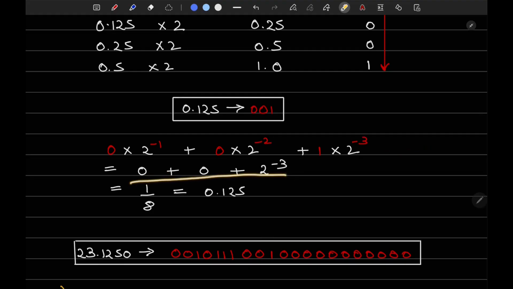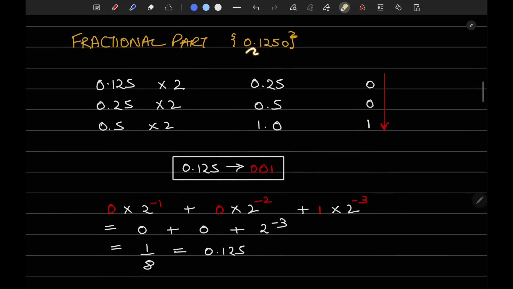Now in the example we had the fractional part as 0.125, multiplying it by 2, getting 0.25, recording the integer part, multiplying 0.25 by 2, recording again the integer part, multiplying 0.5 by 2, recording the integer part, and the fractional part is finally 0.